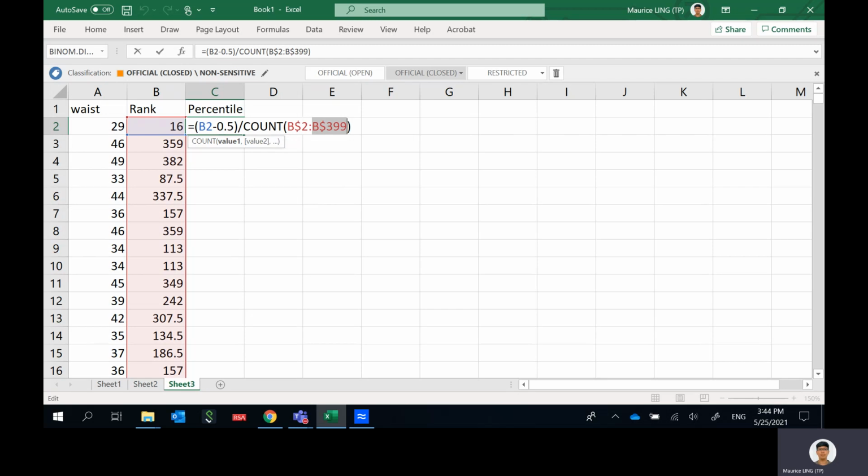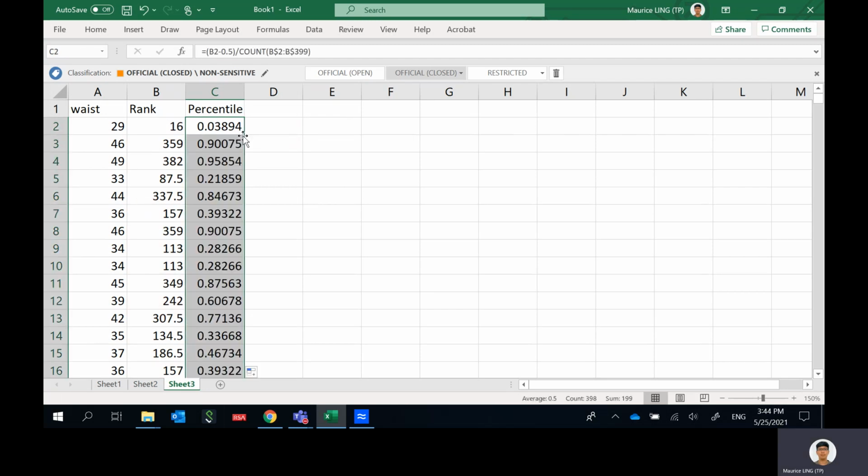Once you have it, make sure you pull down the entire column so you get something like this.